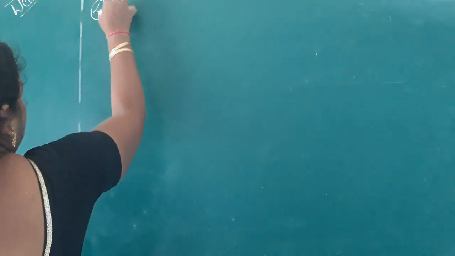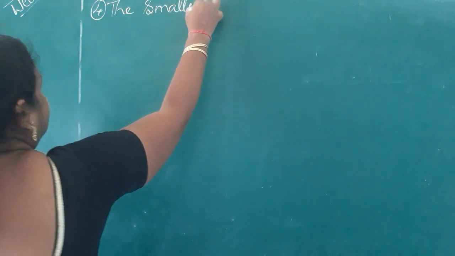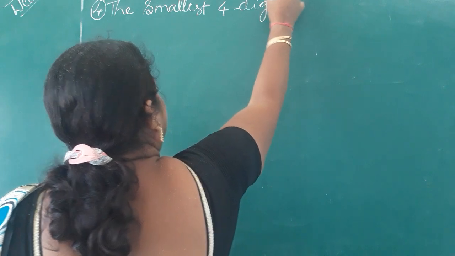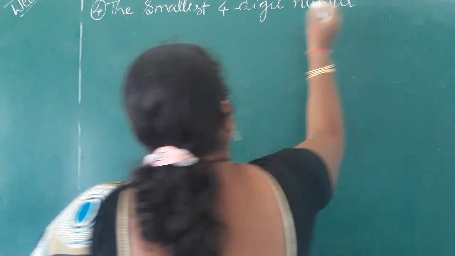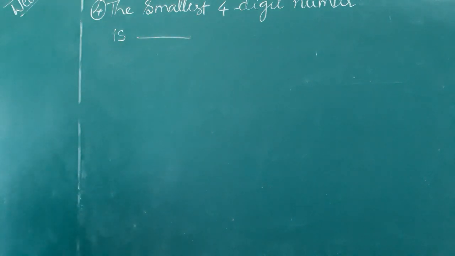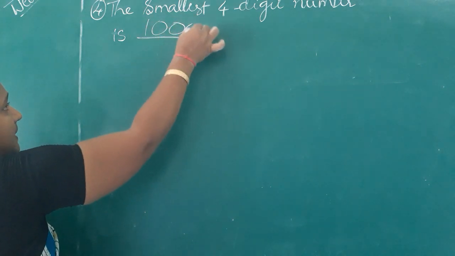Write the smallest 4-digit number. What is the smallest 4-digit number, children? 1000.